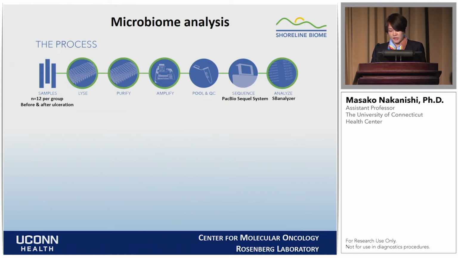For the microbiome analysis, we collected fecal samples from mice over time, before and after the development of colonic ulceration, and we used a strain ID kit from Shoreline Biome to extract and amplify bacterial DNA, which was sequenced by PacBio SQL system. And the results were analyzed by Shoreline Biome using their software.